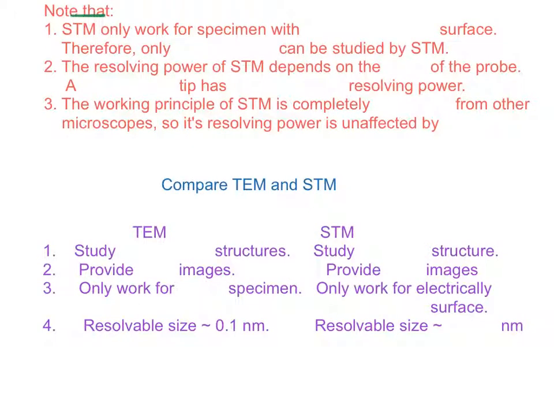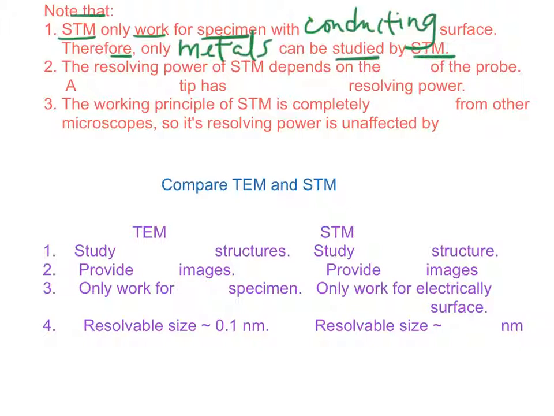Note that STM only works for specimens with conducting surface. Therefore, only metals can be studied by STM. Next, the resolving power of STM depends on the tip of the probe.